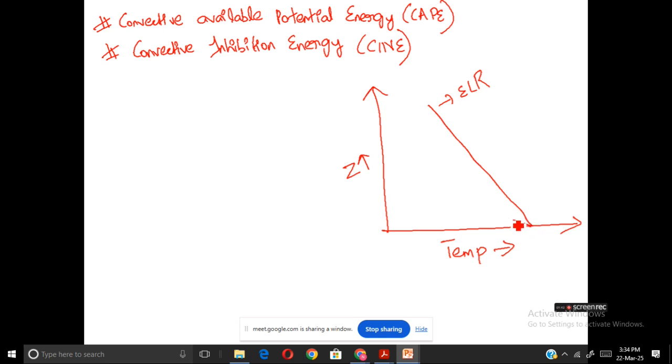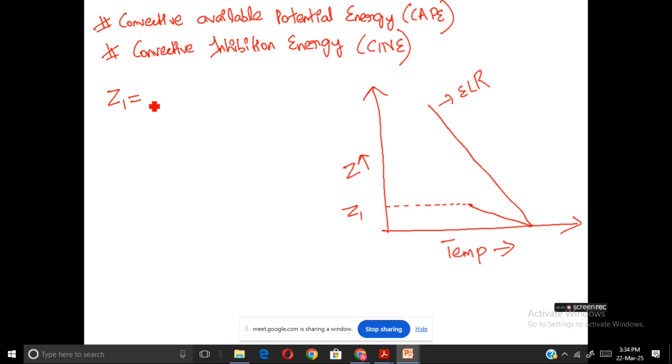The parcel was initially lifted by some lifting mechanisms that we have already discussed, like orography, convection, moisture convergence, etc. Suppose due to some lifting mechanism, the parcel was lifted to some particular height. Let this be Z1, where it became saturated. Can you tell me what this level is called?